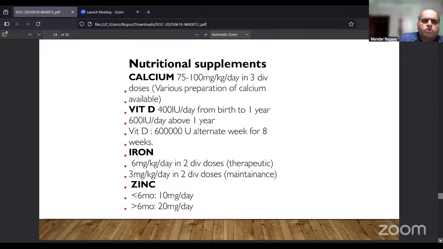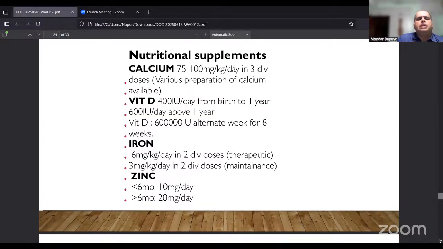We come to the nutritional supplements. What we give commonly in day-to-day OPD patients is calcium, vitamin D, iron, and zinc. Now, there are various calcium preparations available. What is important is the dose. Here in nutritional supplements, we stick to our dose. In calcium deficiency, we give a dose of 75 to 100 milligram per kilogram per day in 3 divided doses.